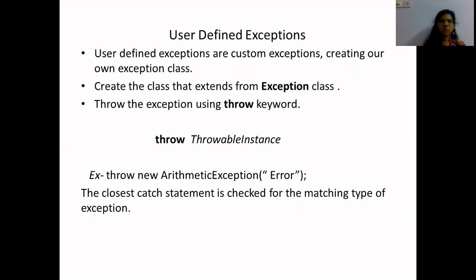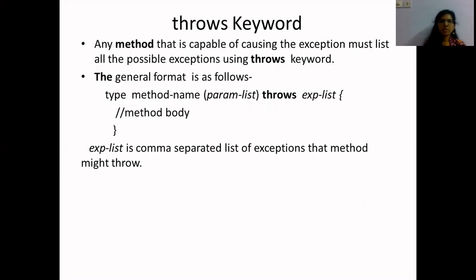So let us move on to the throws keyword. The throws keyword is used by a method to declare that there is a possibility of throwing an exception inside the method body. That is, if the program statements inside the method are causing exceptions, then the method can declare itself that it is throwing some list of exceptions using the throws keyword.